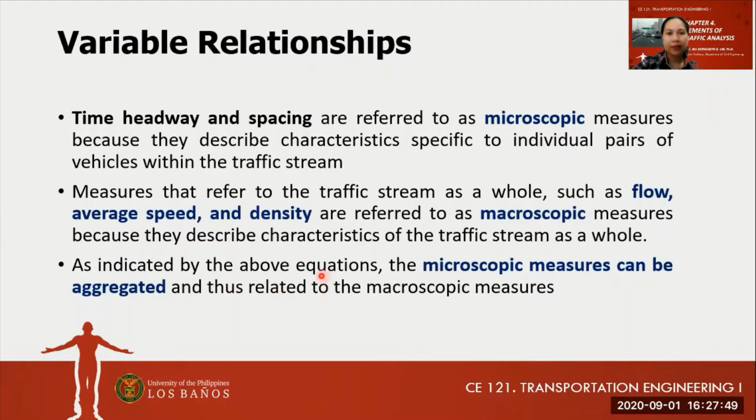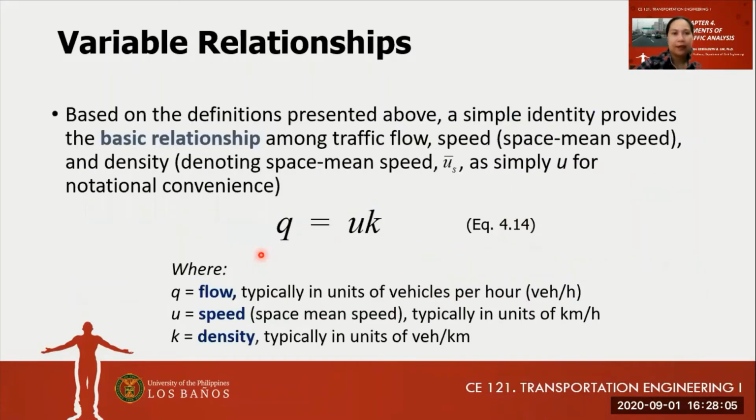As indicated by the equations we have seen in the past slides, the microscopic measures can be aggregated and thus related to the macroscopic measures, which are the flow, average speed, and the density. Based on the definitions, a simple identity provides the relationship of traffic flow, speed or space mean speed, and the density, denoting space mean speed Us as simply U for notational convenience.